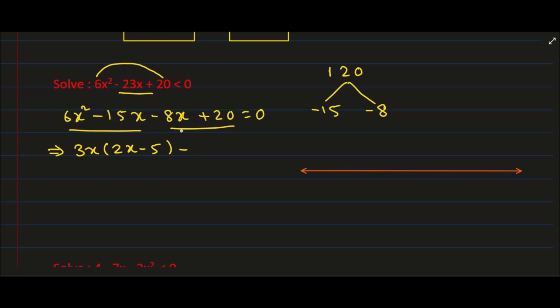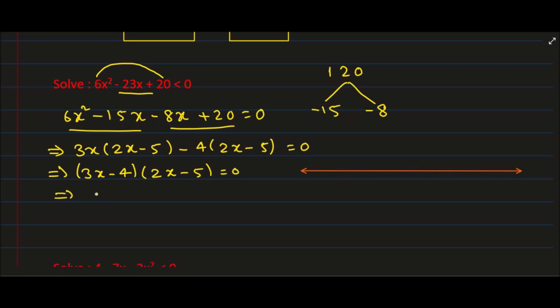Minus, again, in minus 8x plus 20 we get 4 times 2x minus 5, and that is equal to 0. This implies that we get one factor 3x minus 4. The other factor is 2x minus 5, and that is equal to 0.